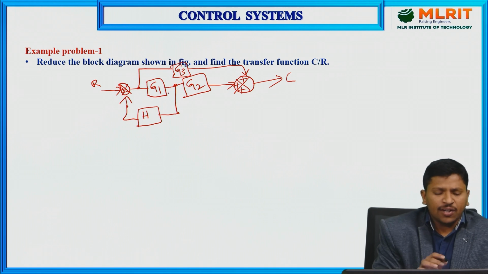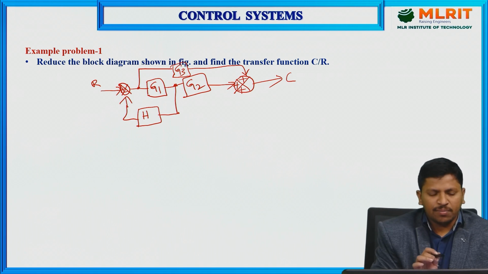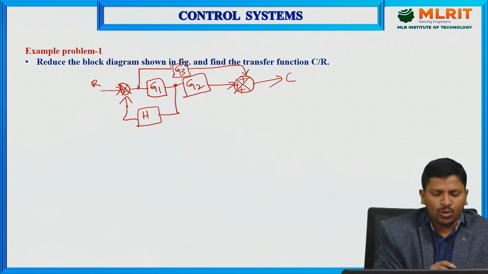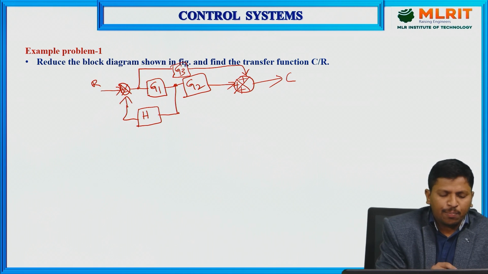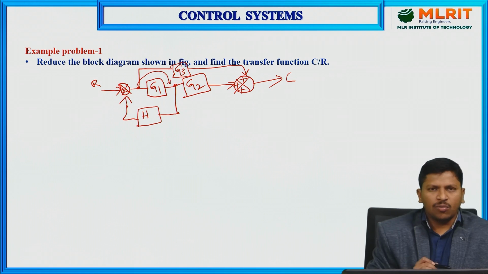That is one of the rules we have in block diagram reduction: the take-off point is moved after the block G1.